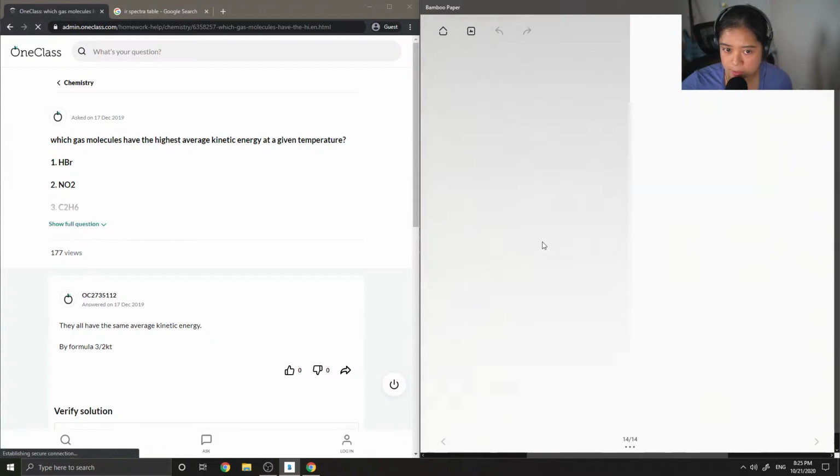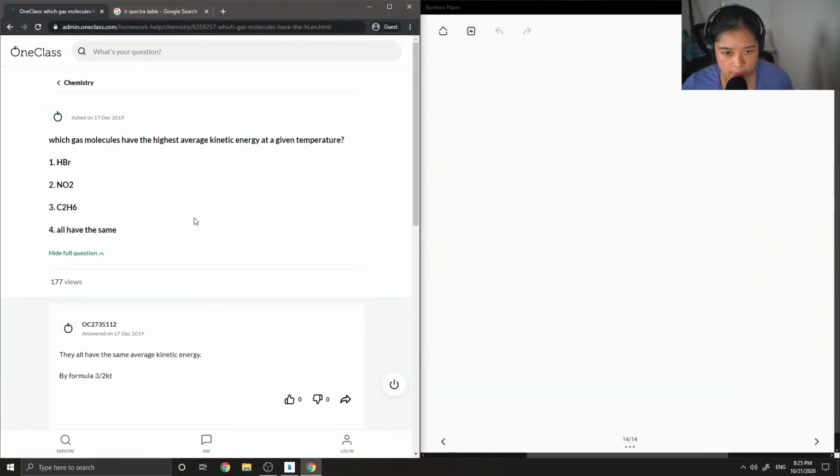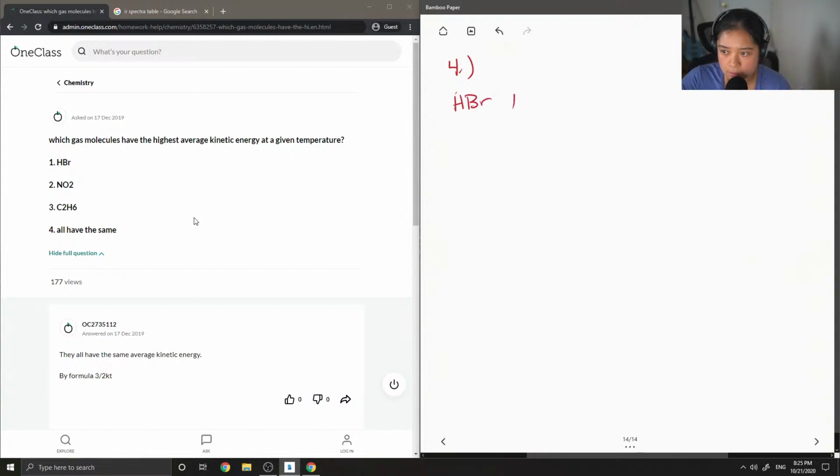Okay, so let's look at question number 4. Which gas molecules have the highest average kinetic energy at a given temperature? Okay, so we have HBr, NO2, C2H6.